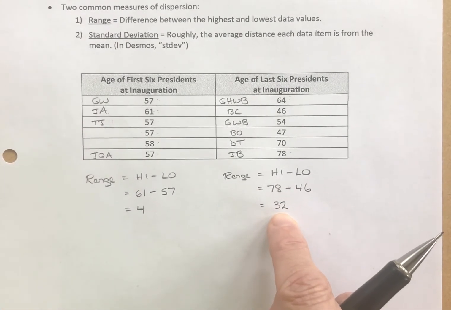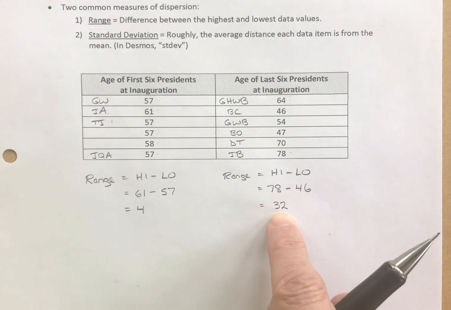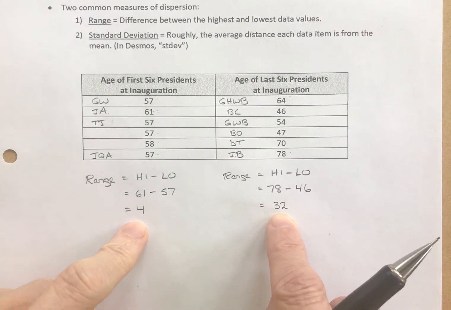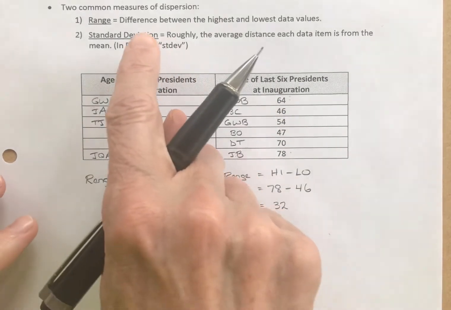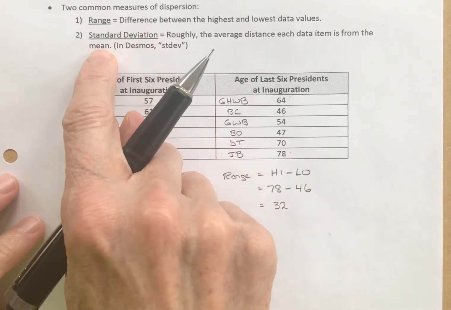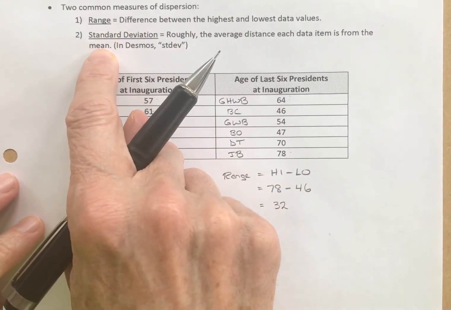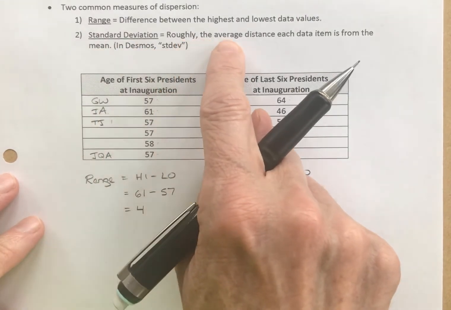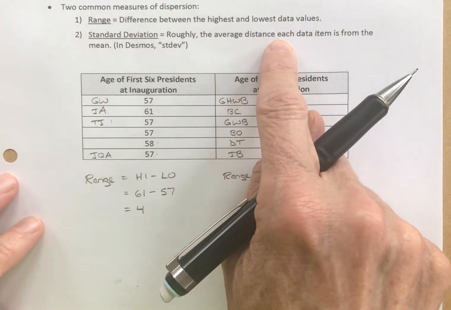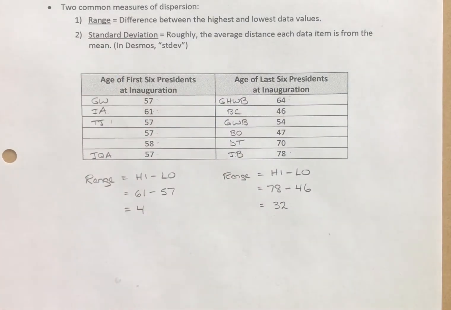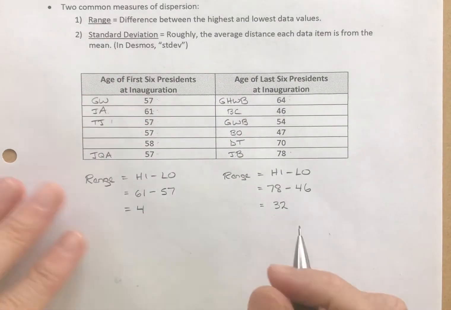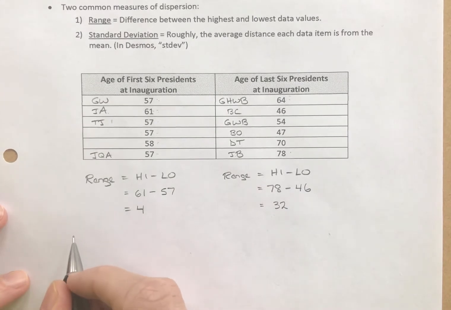As we move forward to begin to discuss normal distributions, they involve the standard deviation, which is a bit more specific. As you see here, you take the mean, and you come up with the average distance that every number is from that mean. It's a little bit more informational, if you will. Let's remind ourselves.